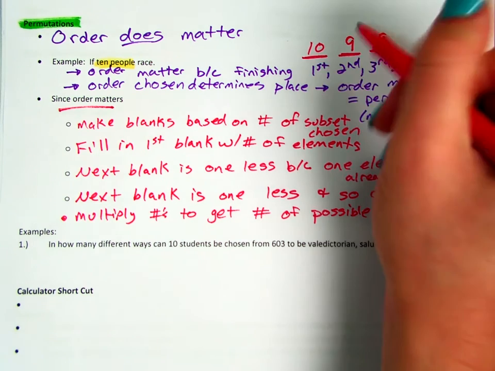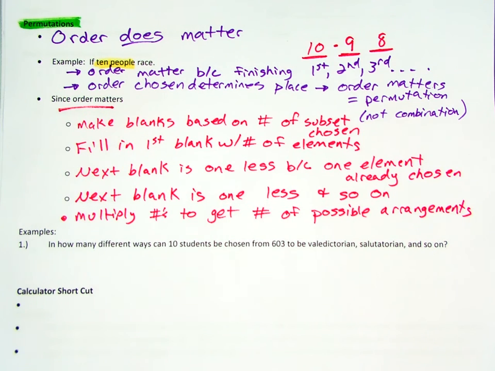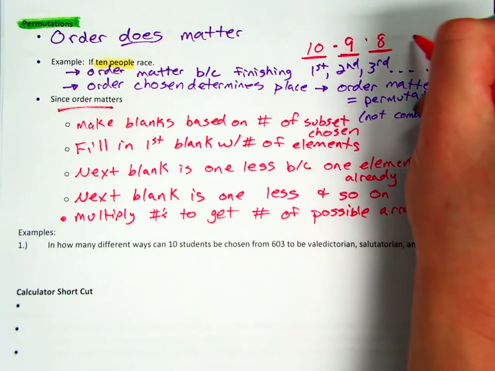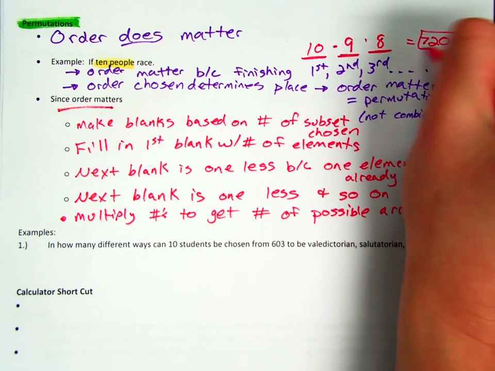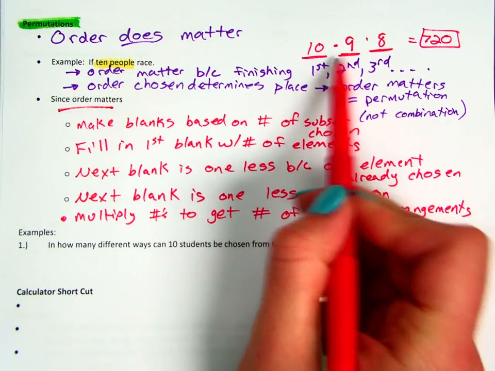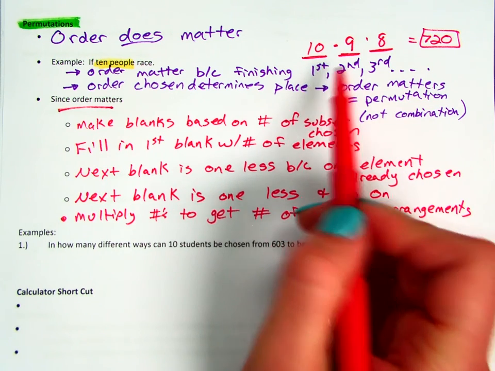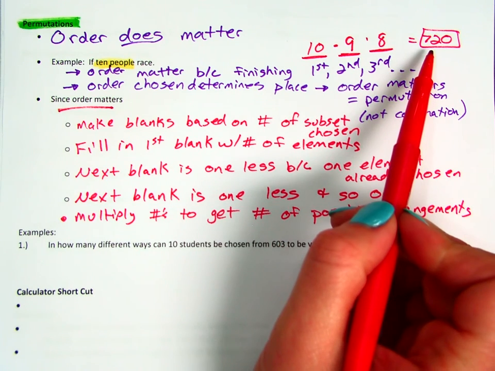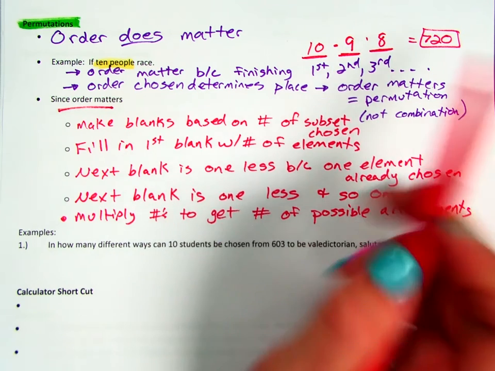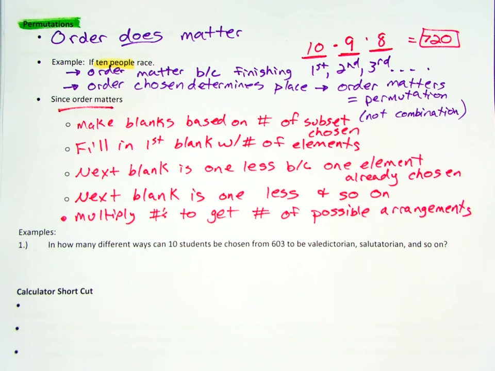So this one would be 10 times 9, which is 90, and 90 times 8 is 720. So there would be 720 possible ways for 10 people to finish first, second, and third.